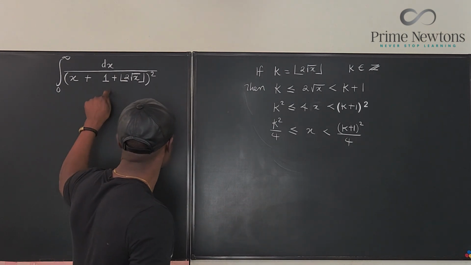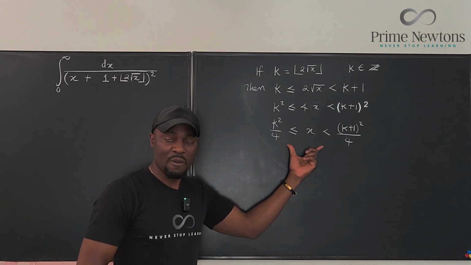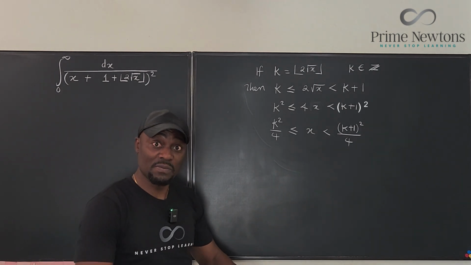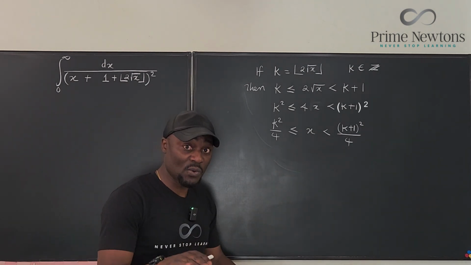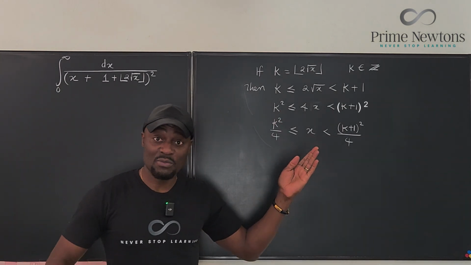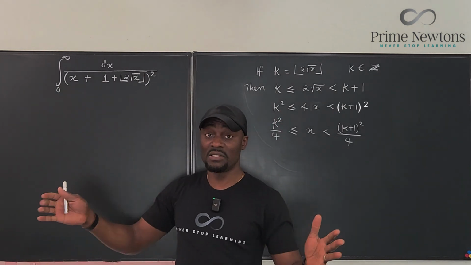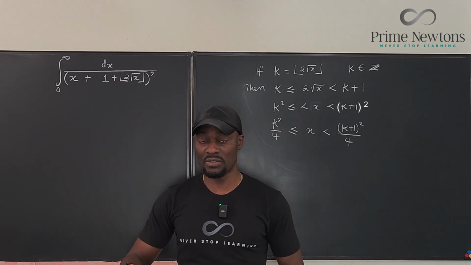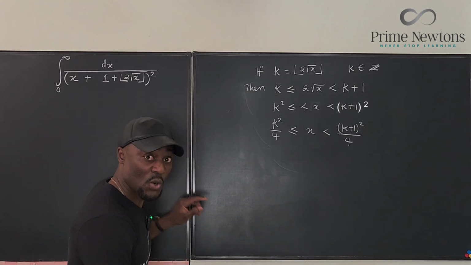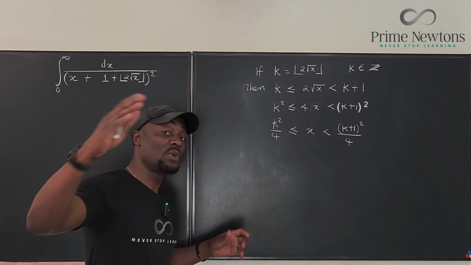So we can rewrite this integral this way. The smallest floor for any value here is going to be 0, so we rewrite the integral as the sum of many integrals with values of k starting from 0, which is the lowest floor, to the highest floor, which is infinity.